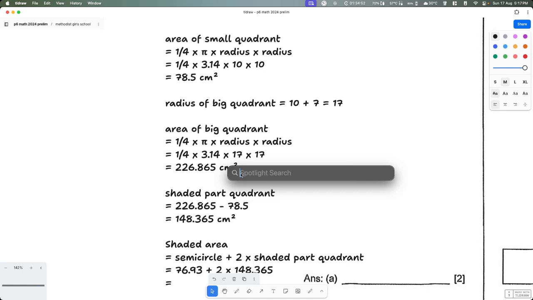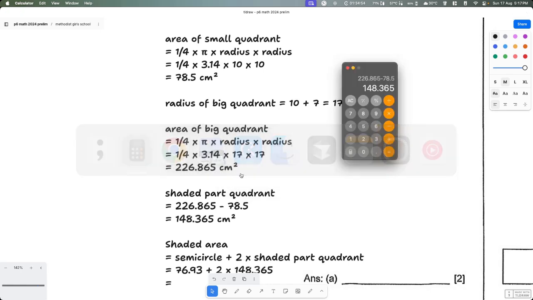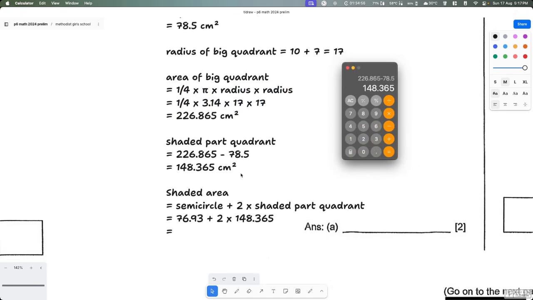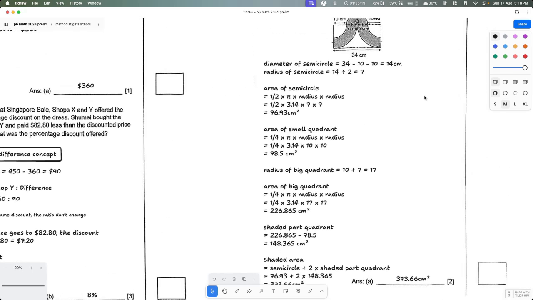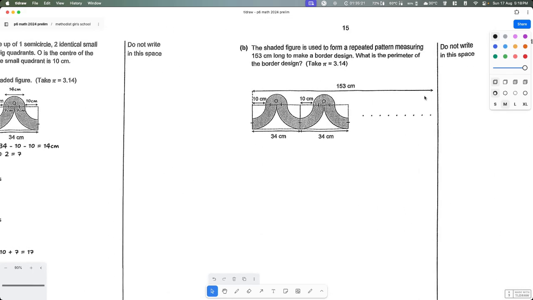Let's use the calculator. 76.93 plus 2 times 148.365 will give us 373.66 centimeter square. So that's the answer. Ooh, that's a lot of calculations. All right, let's move to the next part.